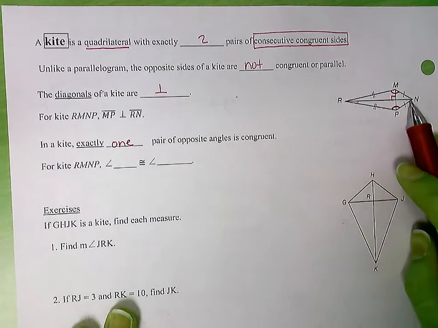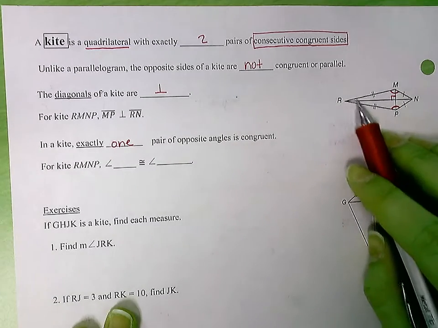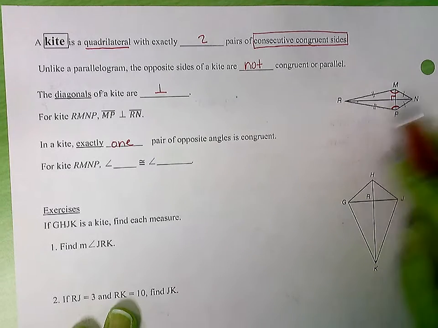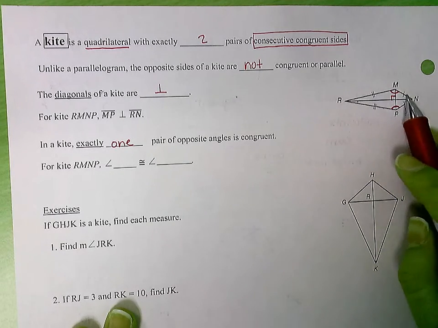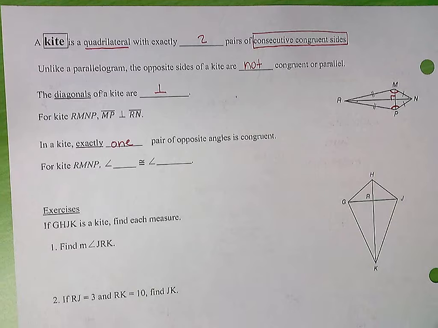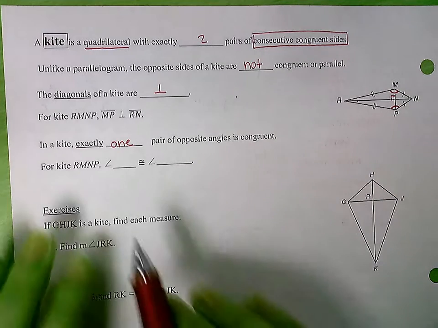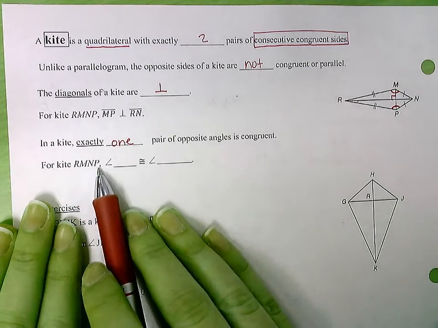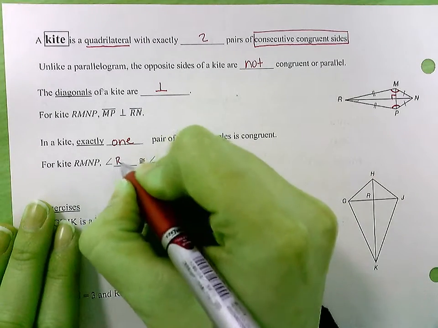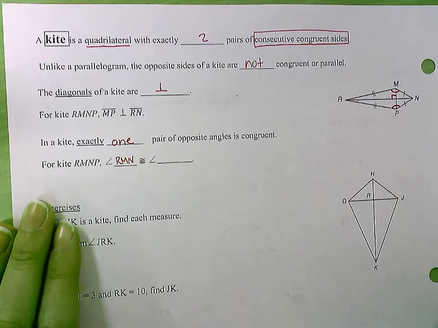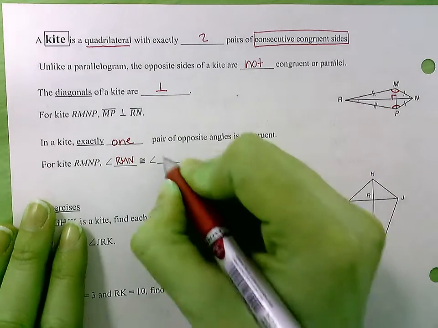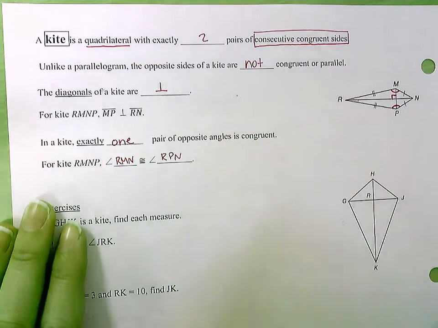Not R and N. Angle R is between 2 congruent sides. The angles between your non-congruent sides are the ones that are congruent in a kite. So for kite RMNP, angle RMN is congruent to angle RPN.